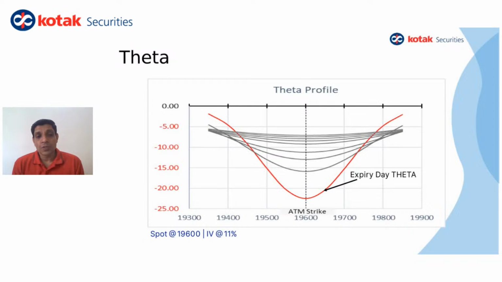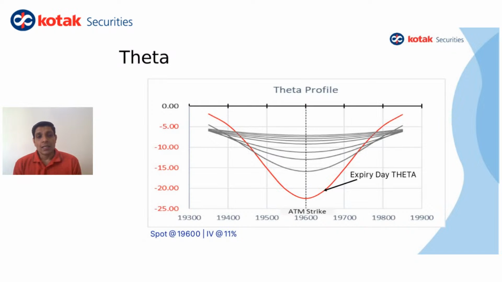You will see that the option price has deteriorated. Let's say it would have gone to 90 or 85. Why is this happening? Because of the overnight time decay, and if the market is at 19,600 throughout the day or within a small range, you're going to continuously lose the time value. And if it settles at 19,600, that option would probably become zero.